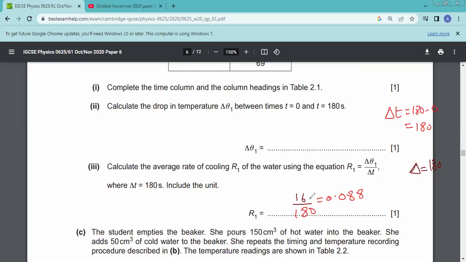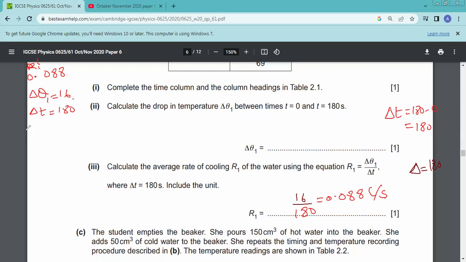The unit is centigrade per second, because this is a simple ratio. So the rate of cooling is 0.088, Δθ1 is 16, and Δt is 180 seconds.